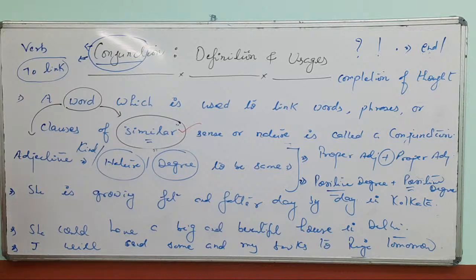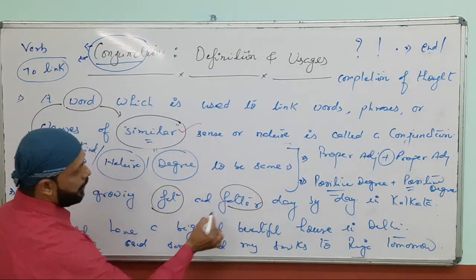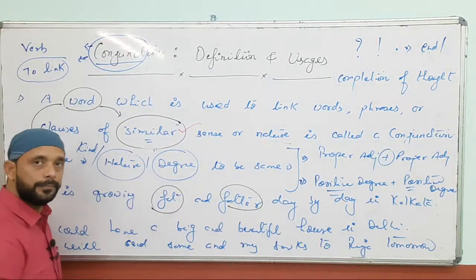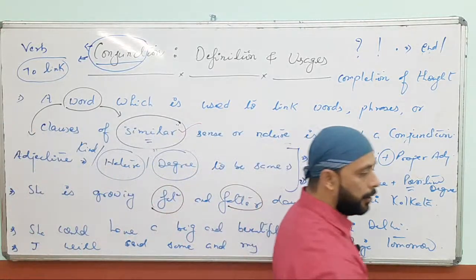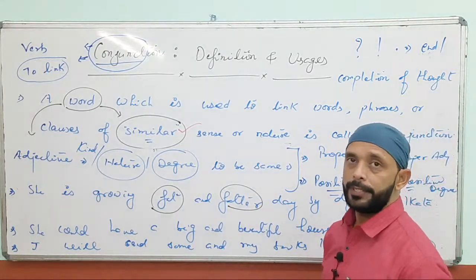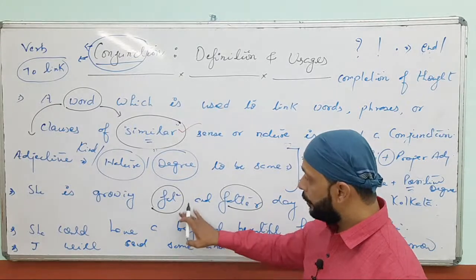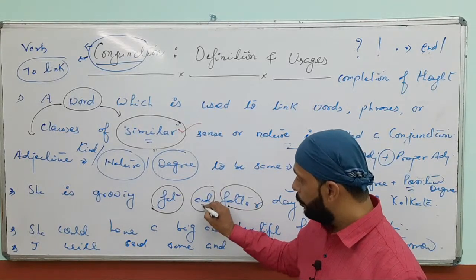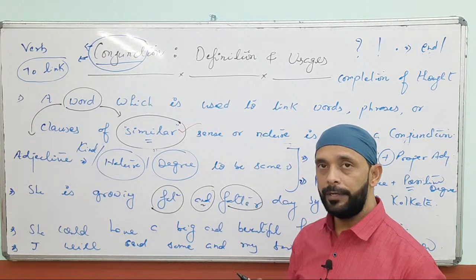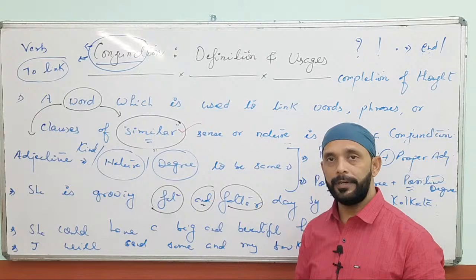Okay, what do you find in the first example? The same word is here, but the degrees are different. The point is, generally, conjunction is not used to link the same words, but it is used to link similar words.